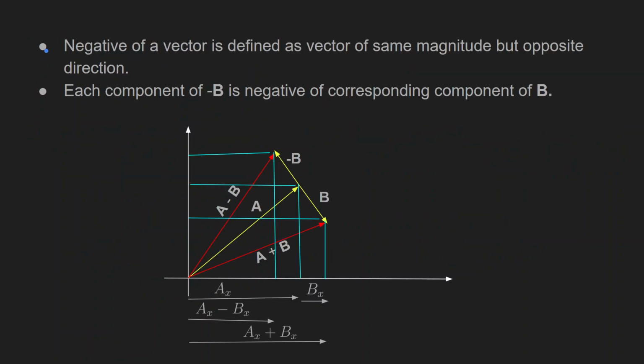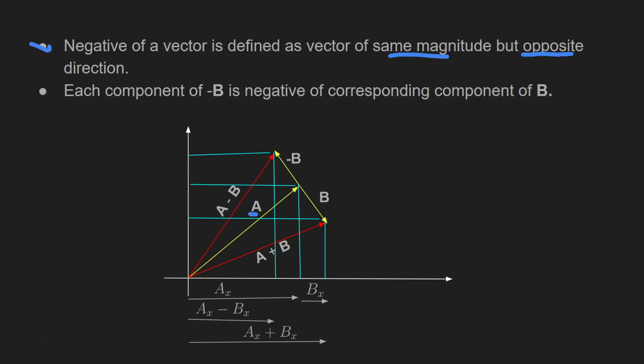Next is the negative of a vector. Negative of a vector means the vector has the same magnitude but opposite direction, not different but opposite. So it is represented by a minus sign in front of it. Over here we have graphically represented this.